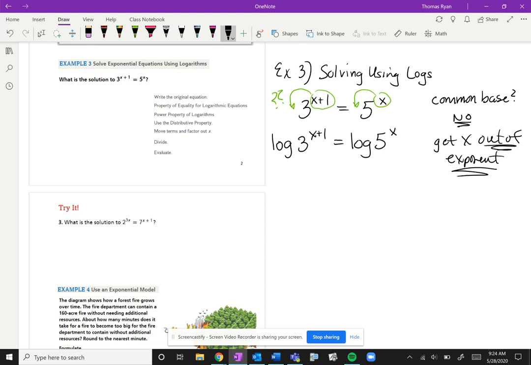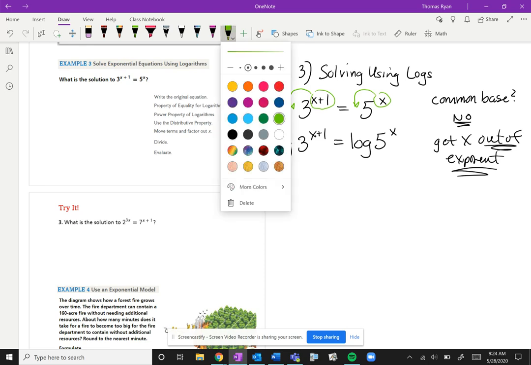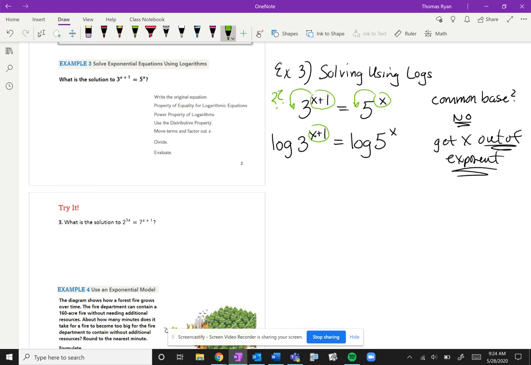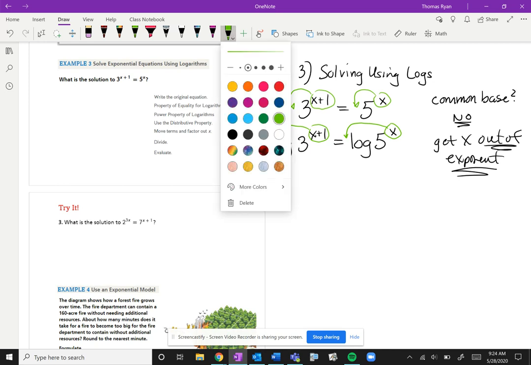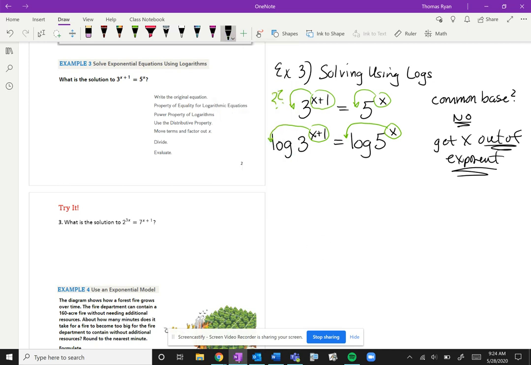Now that we have this as a log, we can use the property that exponents can slide to become coefficients. So now we have x plus 1 times log 3 equals x times log 5.